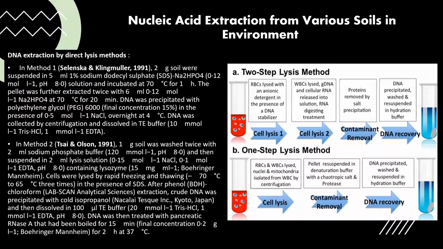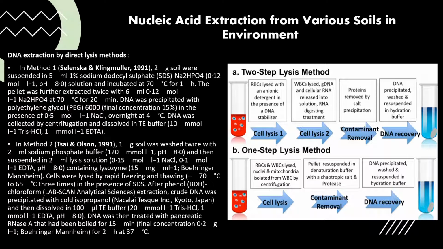The pellet was further extracted twice with 6 milliliter 0.12 mole per liter Na2HPO4 at 70 degrees Celsius for 20 minutes. DNA was precipitated with polyethylene glycol 6000 in the presence of 0.5 mole per liter sodium chloride overnight at 4 degrees Celsius. DNA was collected by centrifugation and dissolved in buffer.